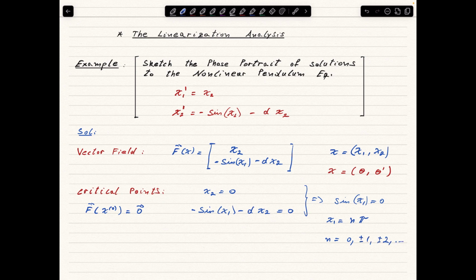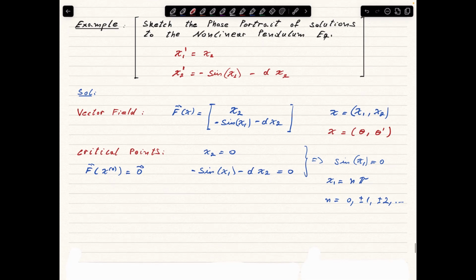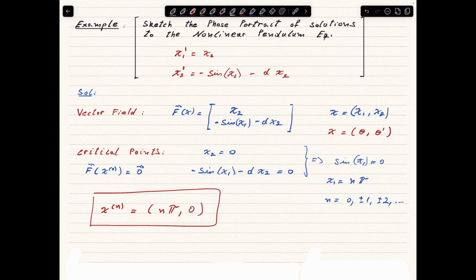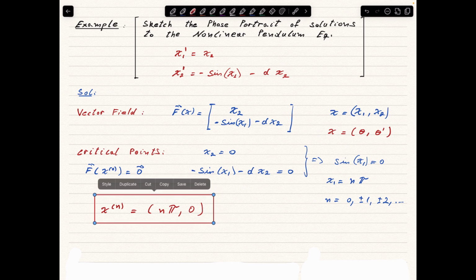So we end up with infinitely many critical points, and the critical points can be labeled with the index n, an integer, and these are x1 has to be n times pi, and x2 always has to be 0. So these are the critical points. This is new with respect to previous videos in the sense that now we have infinitely many critical points.